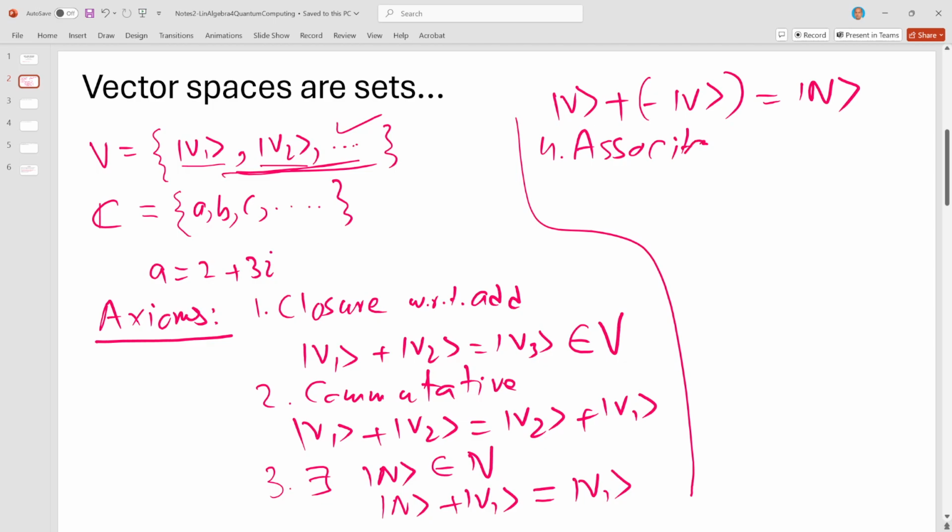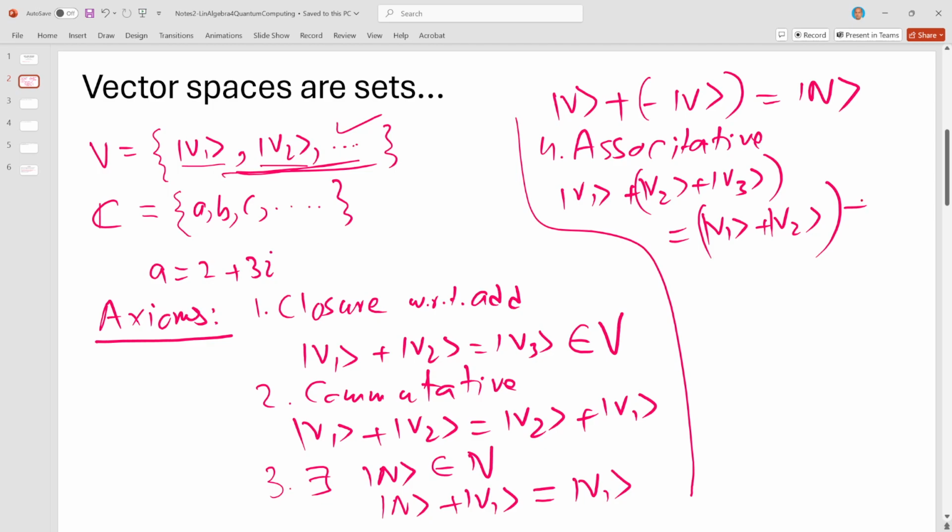which means that if I have three elements v1, v2, v3, then (v1 plus v2) plus v3 is equal to v1 plus (v2 plus v3). So addition is associative.